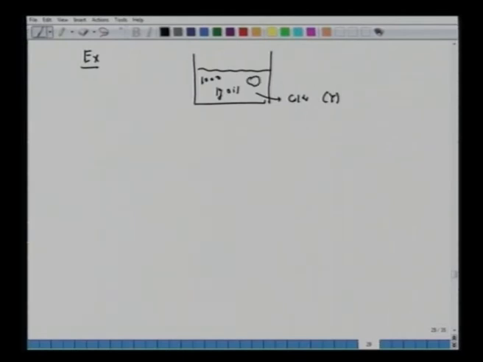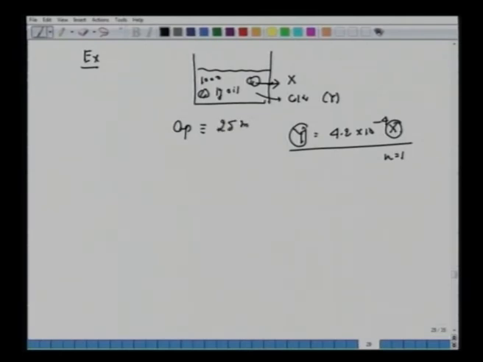We bring it in contact with a solid, some charcoal, so this is the x phase here. Let's see, we have the equilibrium y equal to 4.2 times 10 to the power minus 4 x, so essentially n equal to 1 for our simplicity. So kg of color per kg of solid phase, and here we have kg of color per kg of the oil phase. Let's say we have AP, the surface area of this charcoal, as 25 meters square per kg.